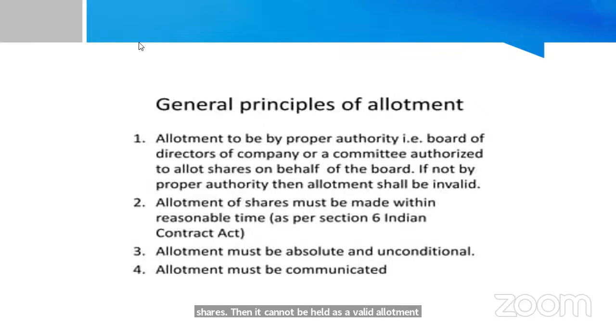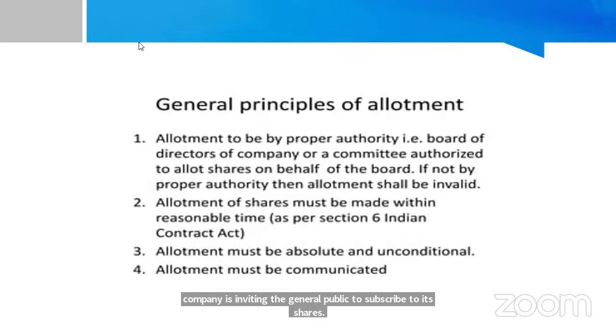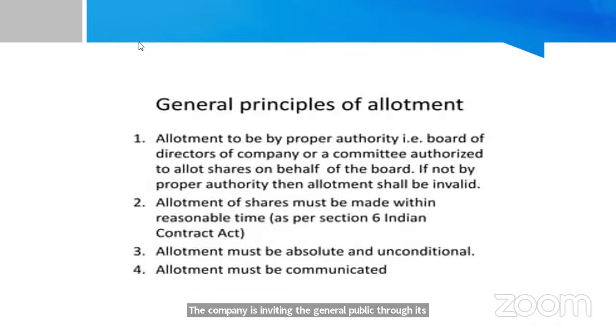Ma'am, I have one doubt. As per my understanding, the offer will be sent by the company, right? No, that is the difference. When the company is inviting the general public through its prospectus to subscribe to its shares, that is called an invitation to offer.